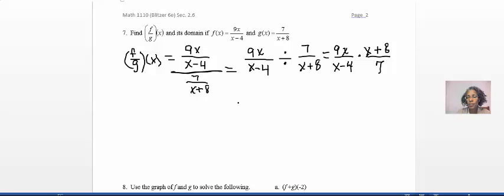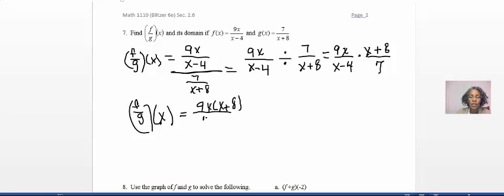So this would be the simplification of that. f over g of x simplified is 9x times x plus 8 over 7 times x minus 4. And notice, once I have it written as a product, numerator is multiplied by numerator, denominator is multiplied by denominator. And I can simply leave that in this form. There's no simplification that I can do here.